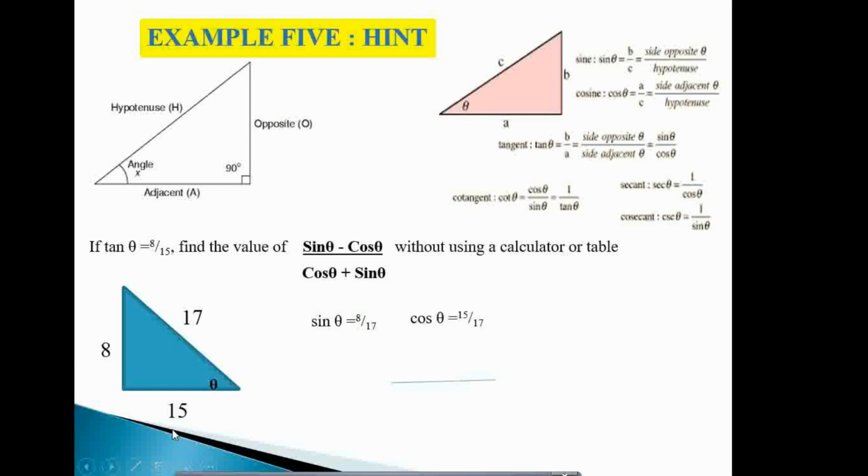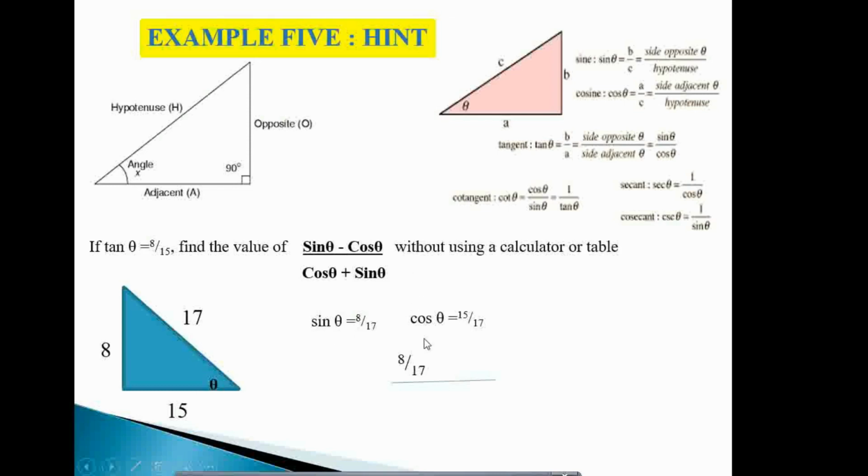So we can go ahead and get the hypotenuse by squaring: 15 squared plus 8 squared. Then you sum them and get the square root, you get 17. From there we'll be able to get these values. On the numerator, we have sine theta, which is opposite over hypotenuse, so that is 8 over 17.